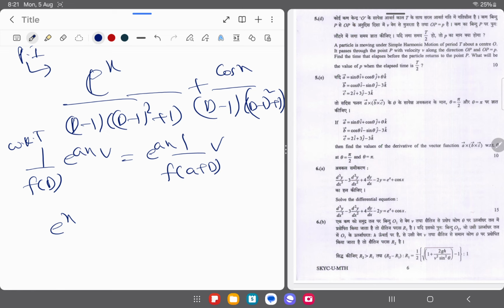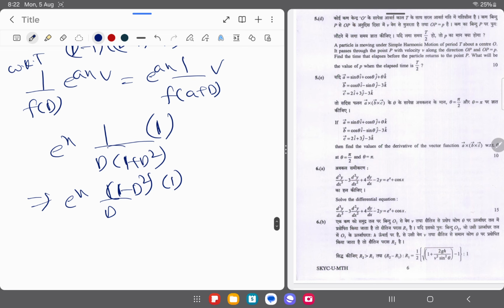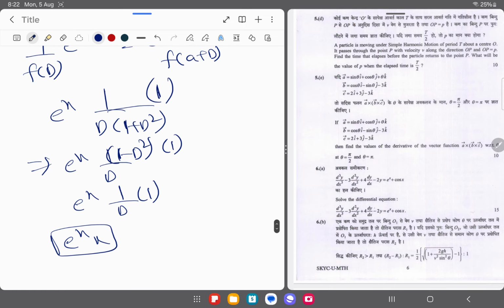So we bring e power x to outside, and in place of D minus 1 we place D plus 1 minus 1, so D into 1 plus D square. So e power x 1 by D into 1 plus D square, binomial. If you take 1 minus D square, right? Because D power 4 we can ignore anyway, so it will be 1 by D into 1. So this one is x, e power x into x. Now we have another one.